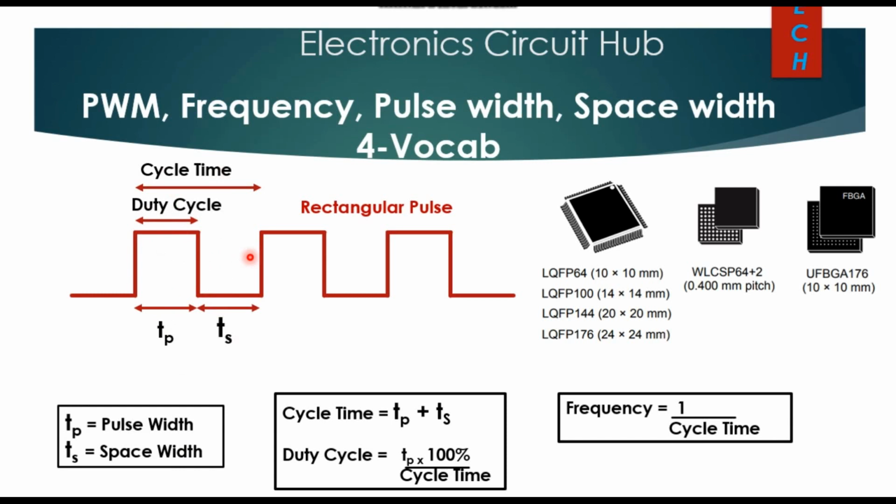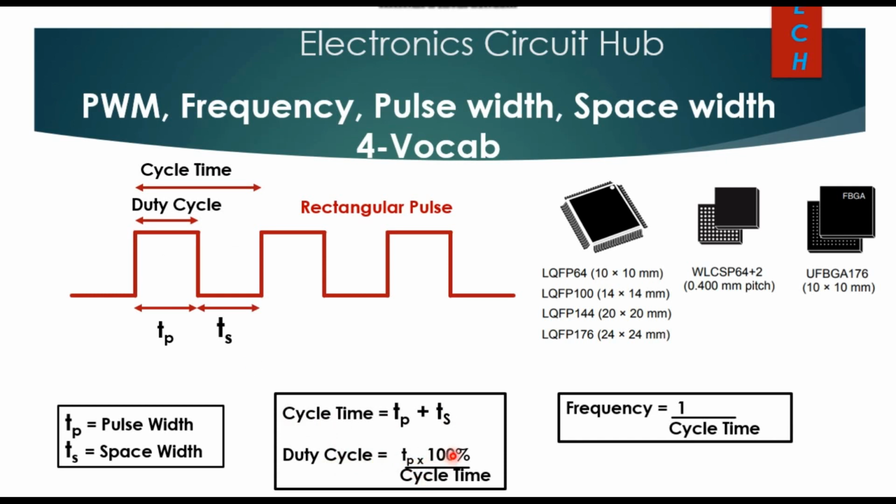So now what is the cycle time? Cycle time equals TP plus TS, that means pulse width plus space width. Now how do you calculate the duty cycle? The duty cycle equals TP divided by cycle time into 100%.